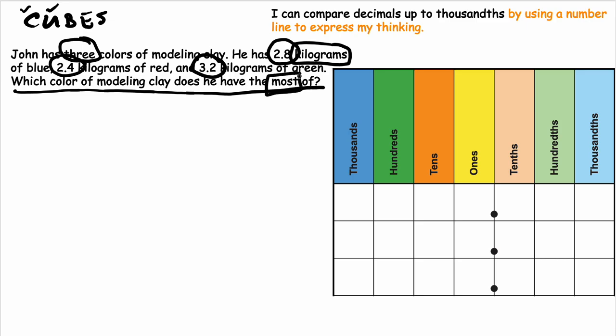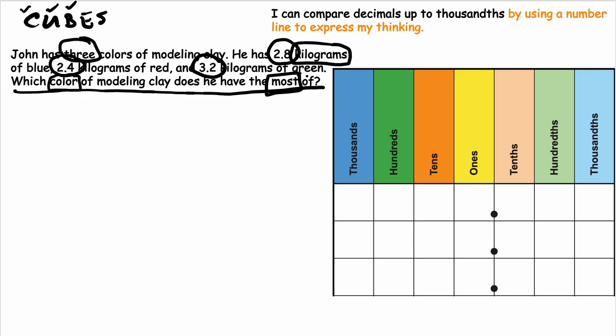Most is going to be important, and the color. We need to identify the color. So not necessarily the number, but the answer is asking for the color of clay. So we'll check that off.